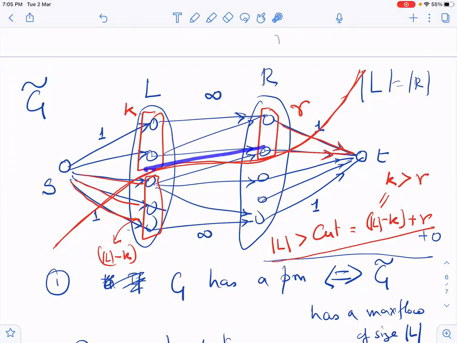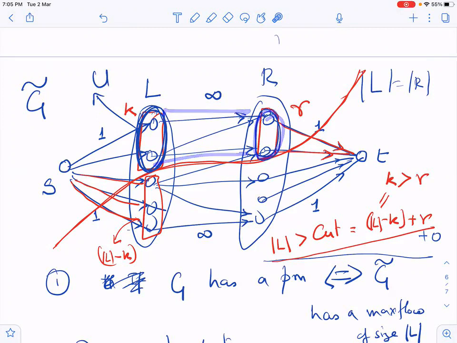All its neighbors, none of the neighbors comes here, so all its neighbors must be within R. If I call this set my set U, the neighborhood of U is within this set.